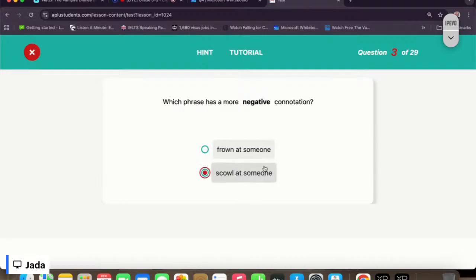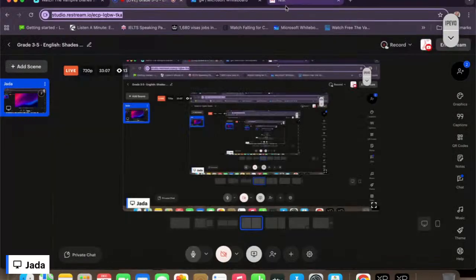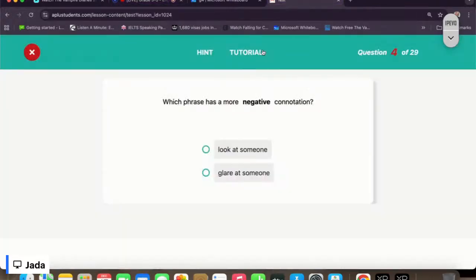So, negative is when you scowl at someone. Then, which is more negative, first or second? Look at someone or glare at someone.